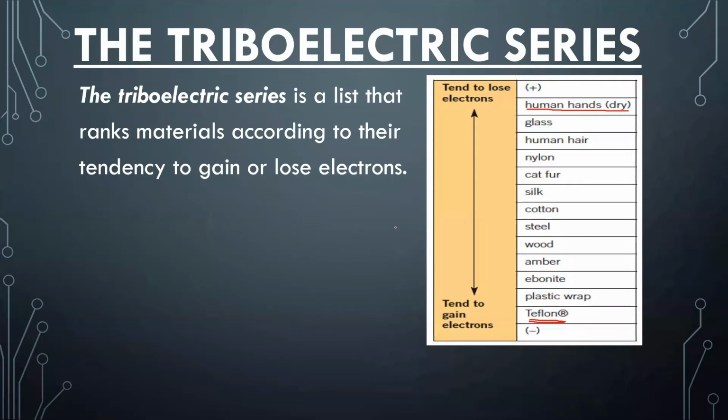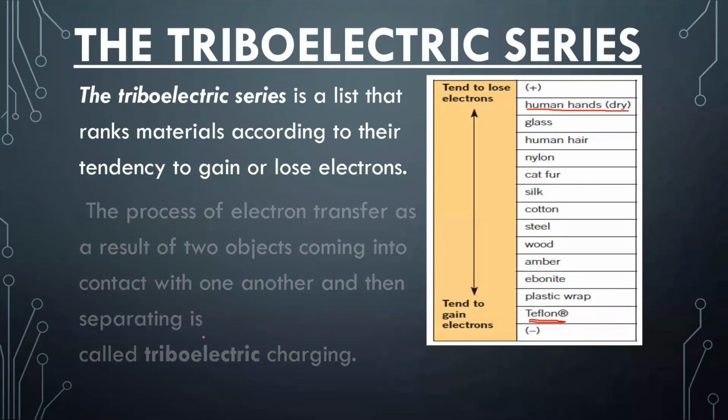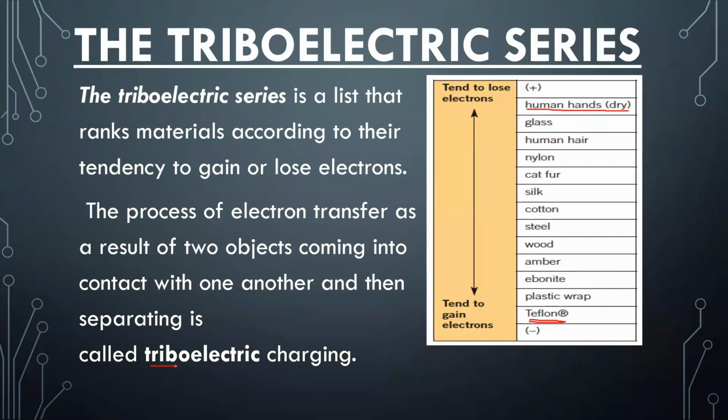This process is what we call triboelectric charging. If we rub our hand to a Teflon, the electrons on our hand will be transferred to the Teflon, since our hand loses electrons and the Teflon gains those electrons.